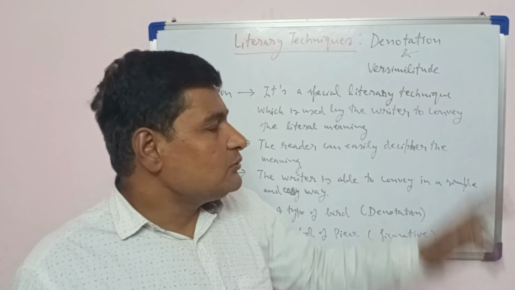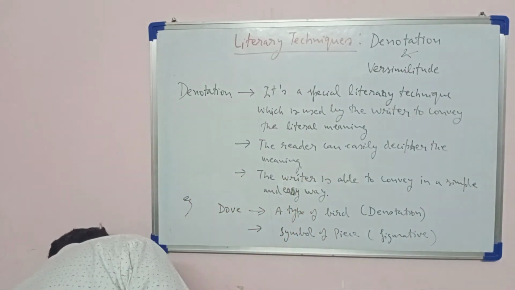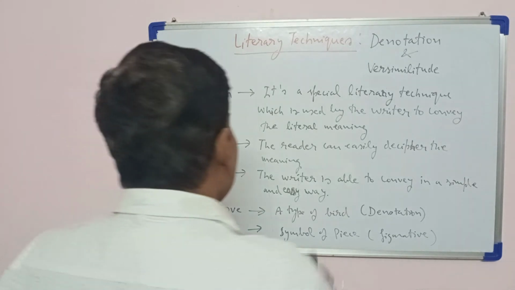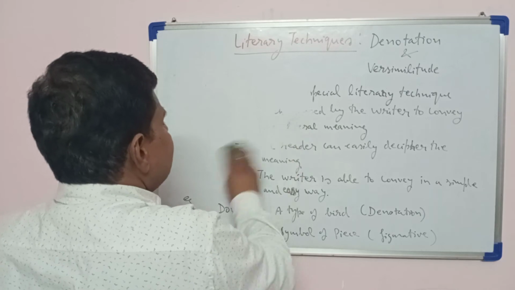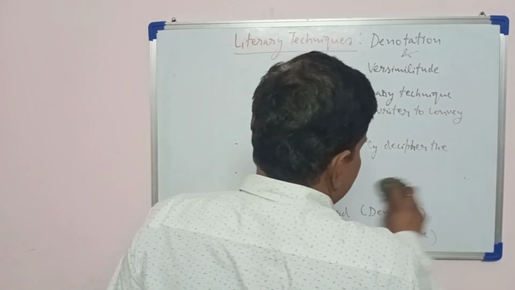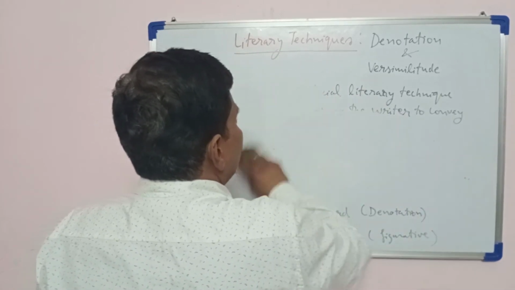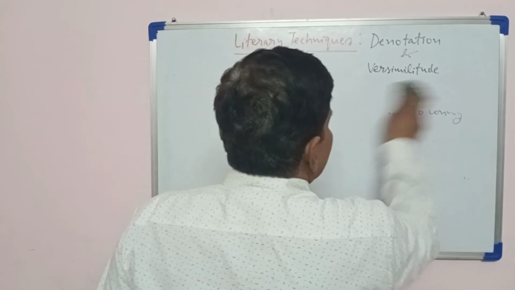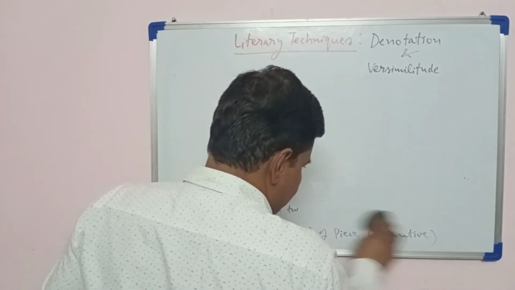Now we will talk about verisimilitude. What is verisimilitude? You might have heard about simile. What is simile? Everybody knows. Simile is comparing two things which belong to different classes.